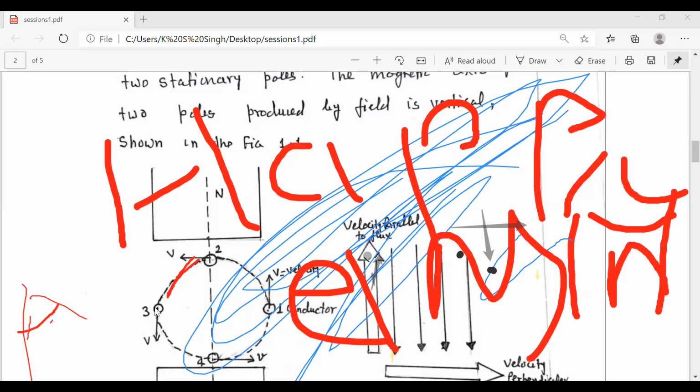At point 3, the velocity is again parallel to the flux, so the flux cut by the conductor is 0 and the voltage induced is 0.